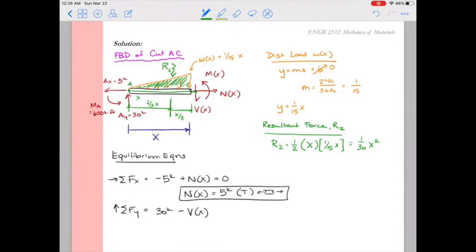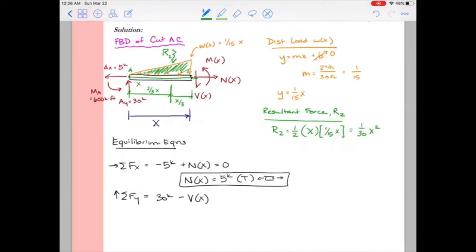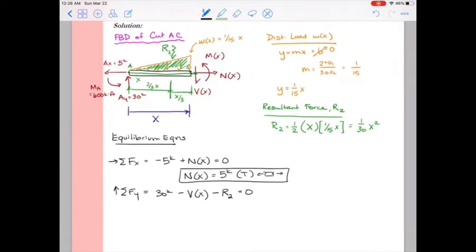All right, if I return back to my equilibrium equations, rather than writing this in directly, I like to start by just saying 30 kips minus V of x minus R2, so that that's clear, and our equation equals 0 because that's a force. And now I'll go through and substitute. So this gives us 30 kips minus V of x minus 1/30 x squared.